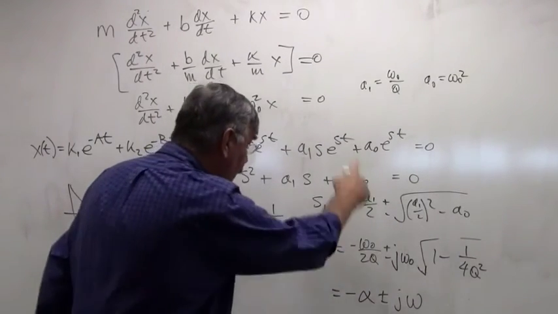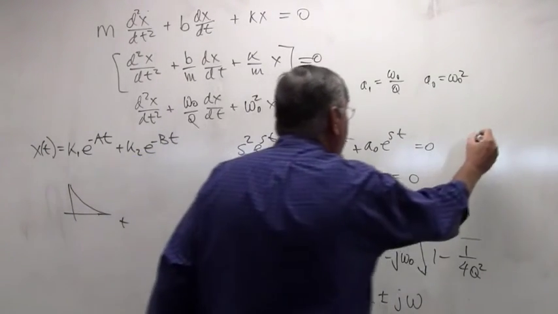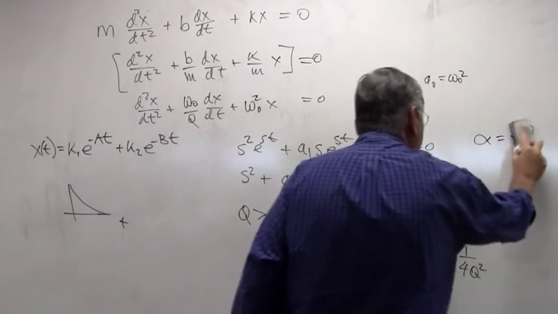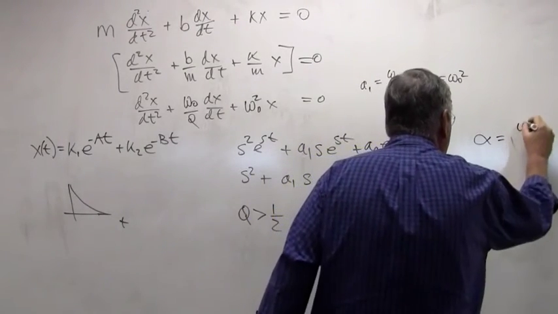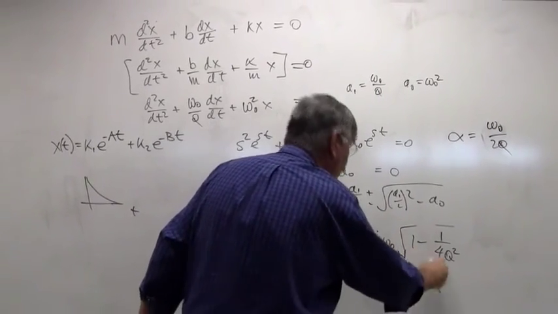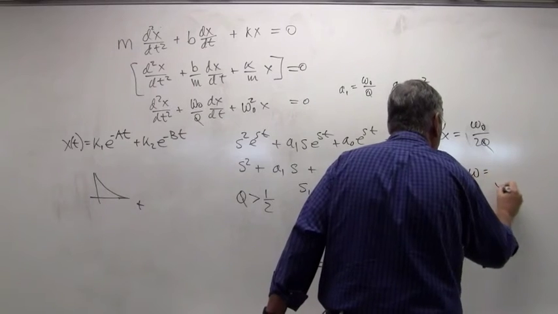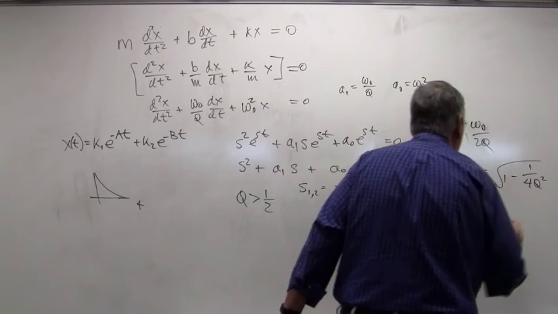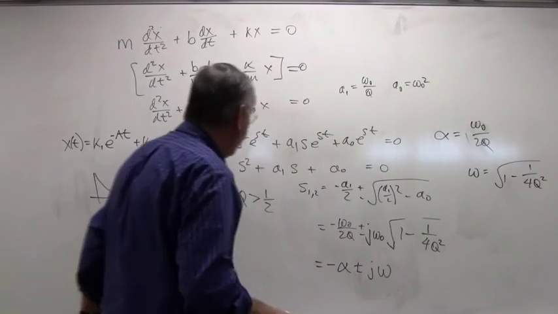All right? We can go back and solve for what these things are. We get that alpha equals omega naught over 2Q, and omega equals omega naught times the square root of 1 minus 1 over 4Q squared. And in that case, these will be positive numbers.